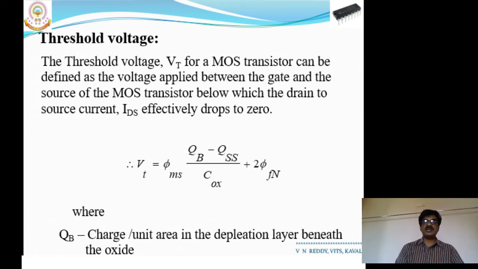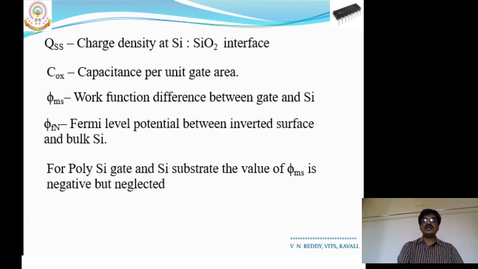Charge density means charge per unit area. Oxide layer means silicon dioxide layer. Then QSS is the charge density at the interface of the silicon and silicon dioxide layer.